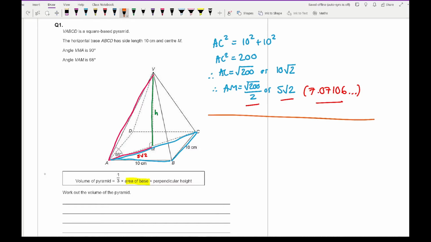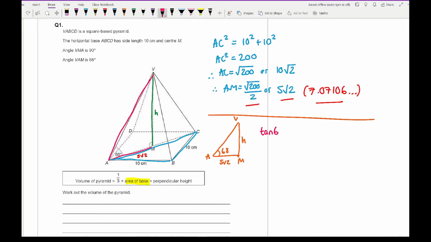Now, once I've got that, if I take the triangle of A, V and M, this length here is 5 root 2, this angle here is 68, and H is what I'm wanting to work out. Looking at trigonometry, because I've got one side and I need to work out another side, and I know the angle, here I'm going to use tan.